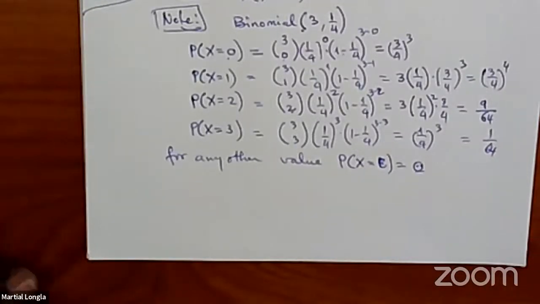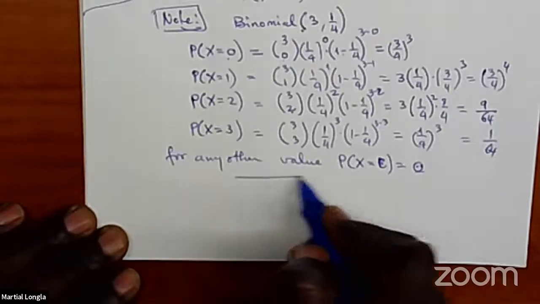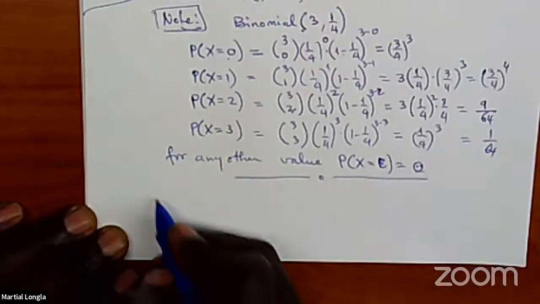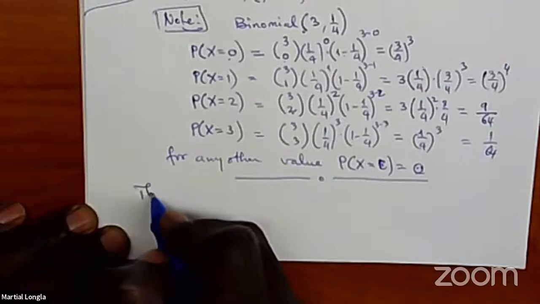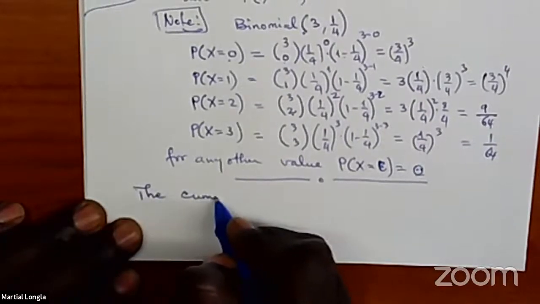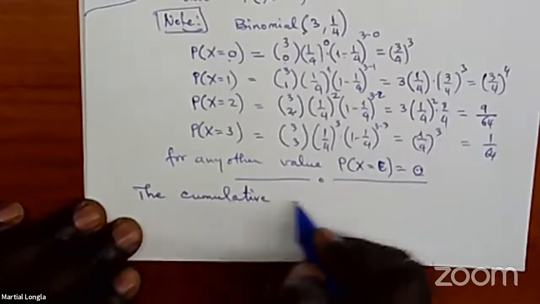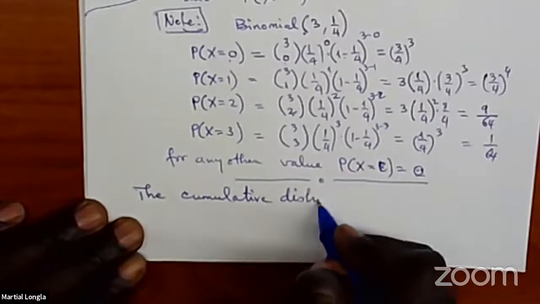Now, based on this, after defining the random variables, you have what we call the cumulative distribution function.